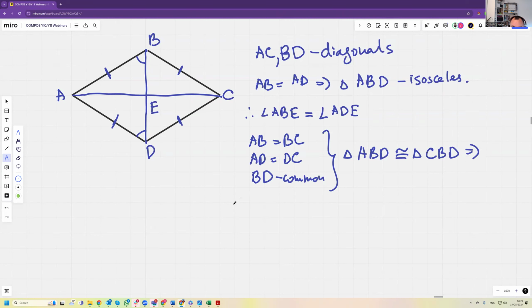And that means that angle CBE is equal to angle ABE. So this angle is also the same.